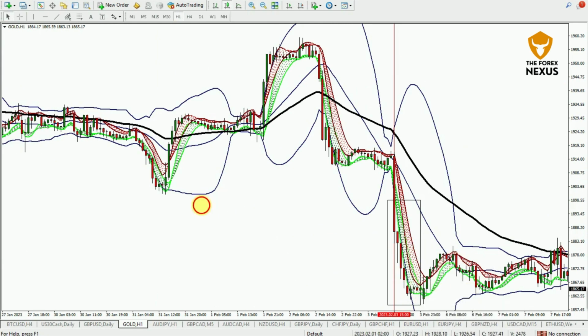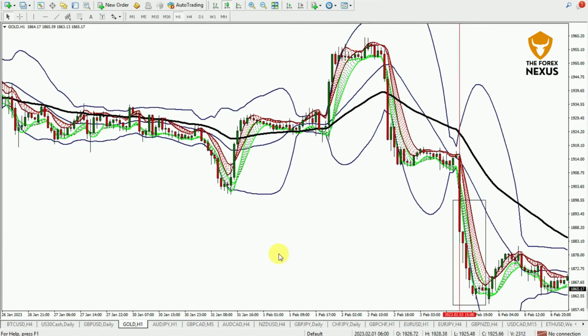So these are the things you need to know, that when expansion happens you can hold your trades, but you will keep monitoring your trade on the lower time frame. If you got the Bollinger Band curved shape, it means that the market is retracing, and you can book your profits at that time.